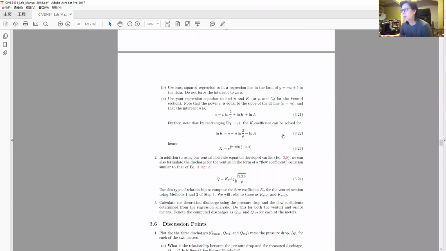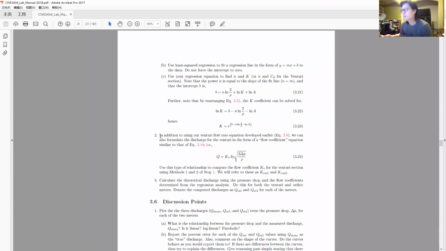And for part 2, we're using a flow coefficient Kv instead of the CD of the Venturi section. We can also formulate discharge for Venturi in the form of a flow coefficient instead of CD.